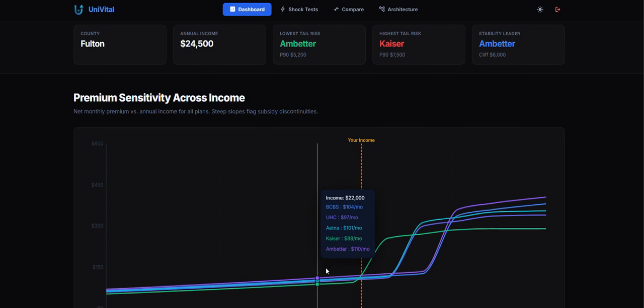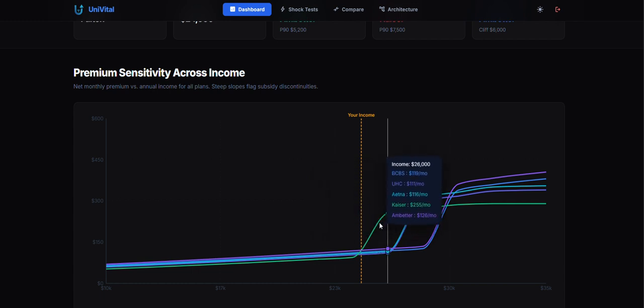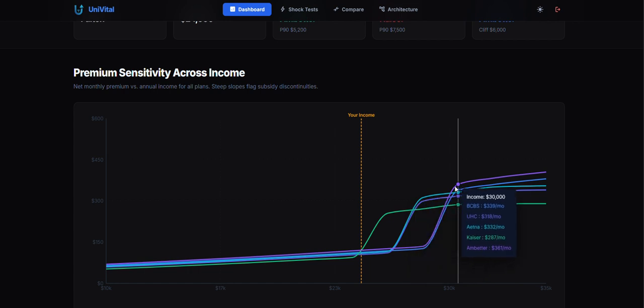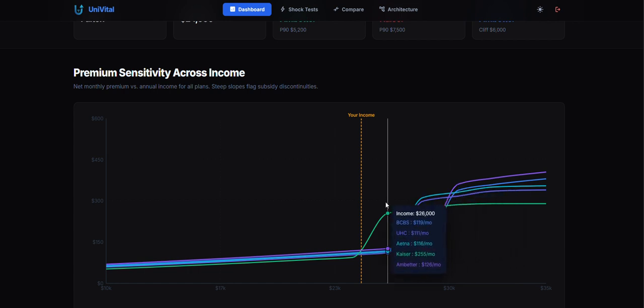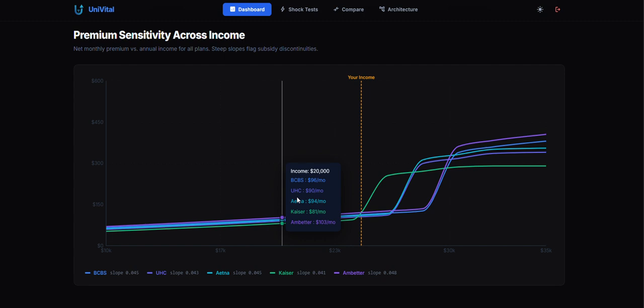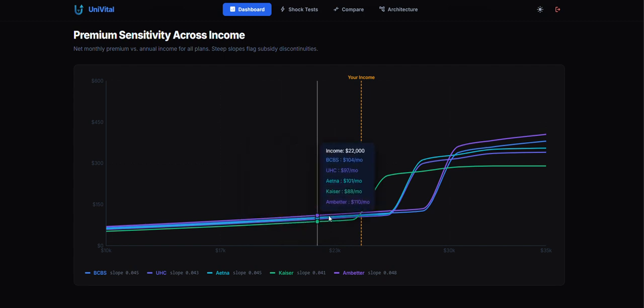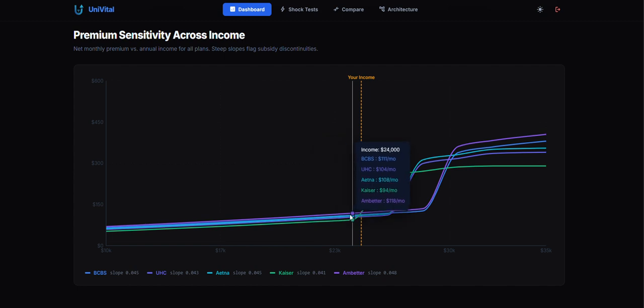So the first thing which is displayed to me is the premium fragility chart. For each of the suggested plans, it has suggested me five health insurance plans which are best for me. For each plan, we can model how net premium changes as income changes. The formula used to do so is net premium equals base premium minus subsidy.